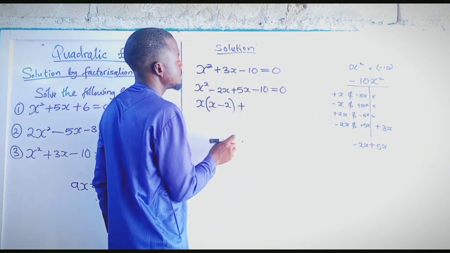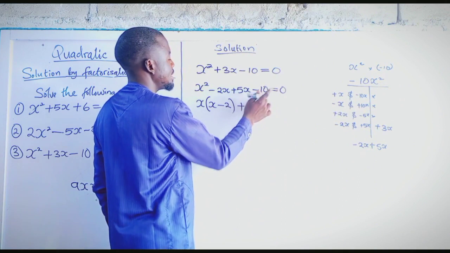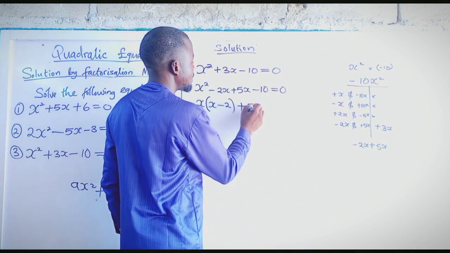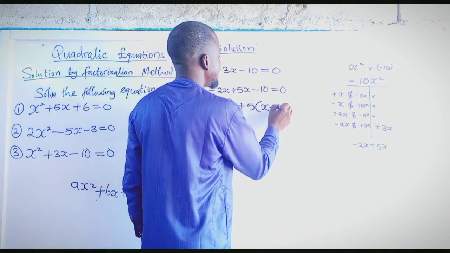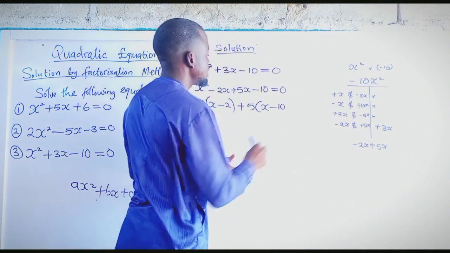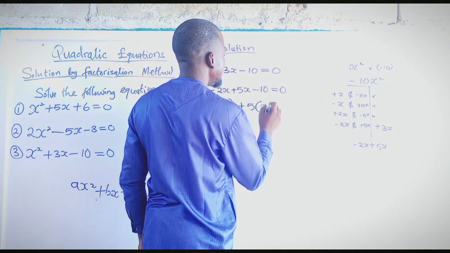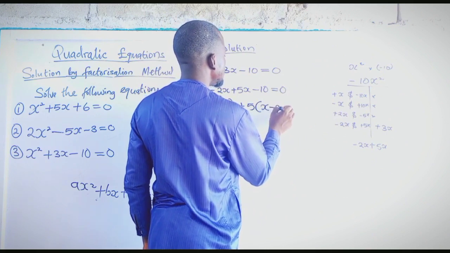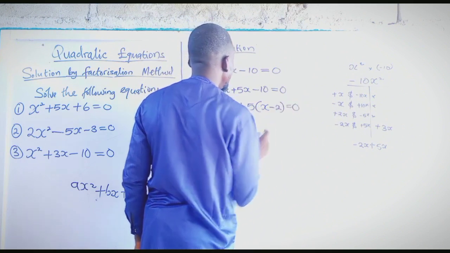And we have plus, the highest common factor between plus 5x and minus 10 is 5. So open bracket, x minus 2, equals to 0.